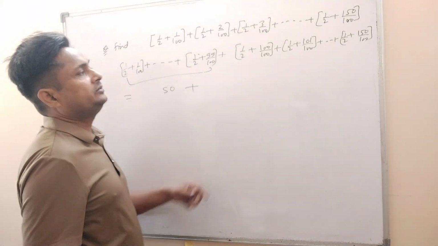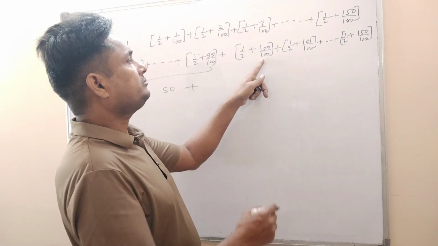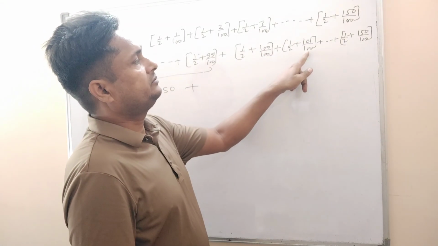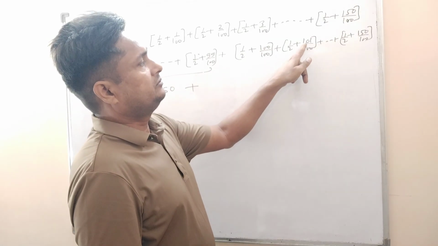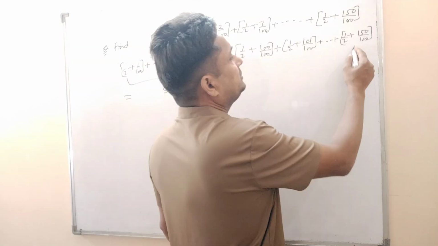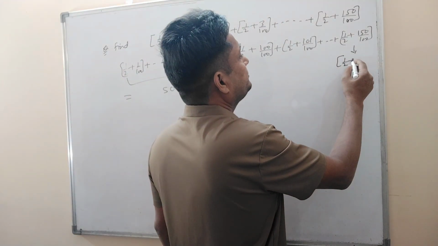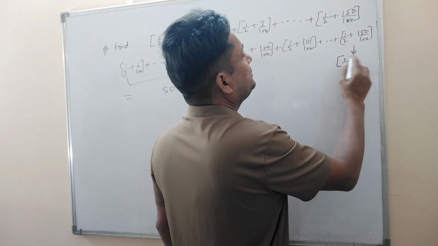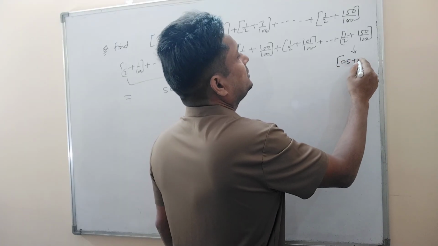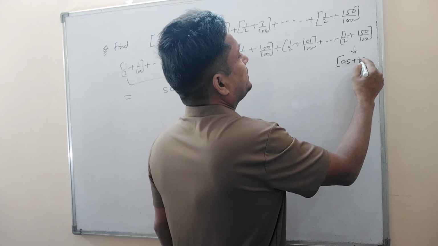Now next one will be how much? See here. If you divide this one, it will be 1.01. Similarly, last one, this one will be 0.5 plus 1.5.